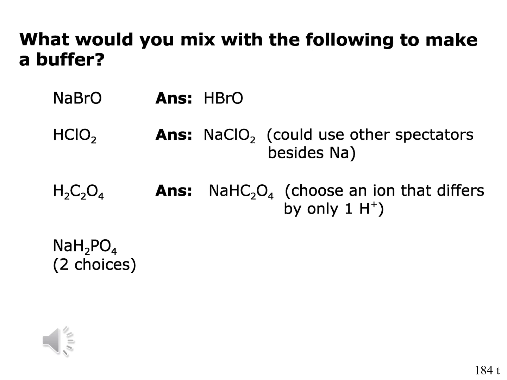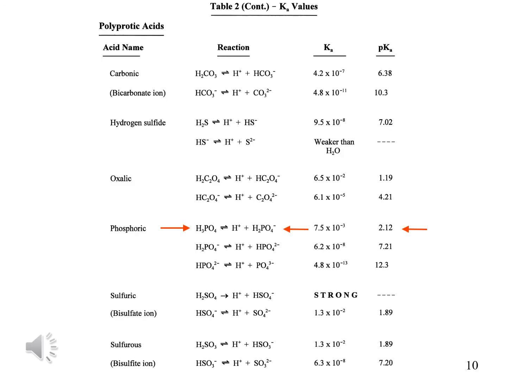Now for the one I've got here, NaH2PO4, I said that there are two choices. This also confuses people, but if you look at it in the triprotic acid, phosphoric acid, you can see why I'm saying that. It's possible to mix the H2PO4 with H3PO4, which will produce a buffer, but the buffer will have a pH of around 2.12 if it's equimolar.